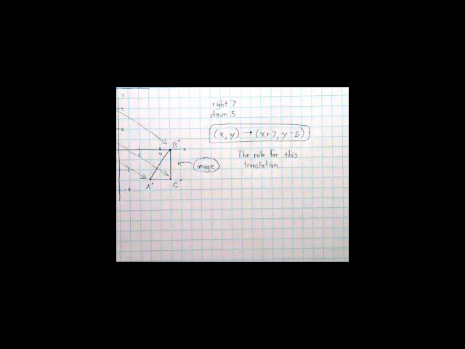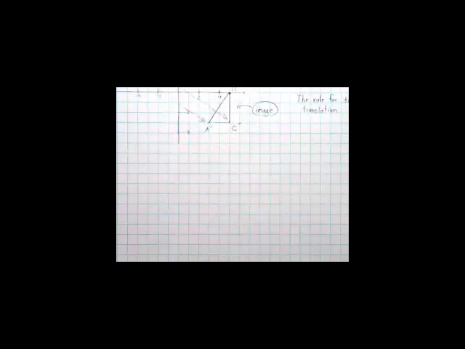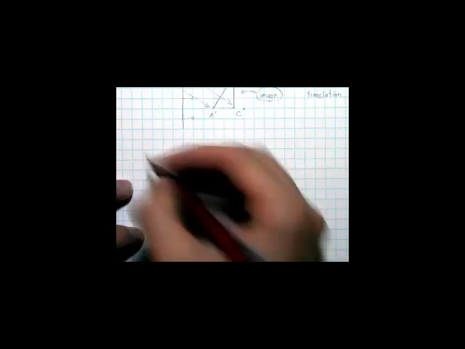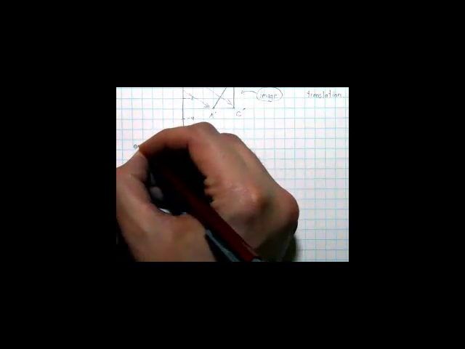Okay, and sometimes you'll be given what the rule is, and you have to figure out, okay, if this is the rule, and here are a bunch of points that are the pre-image, tell me what the images are of all of them. Okay, so we're going to try that next. I'm going to do a completely different problem here, but I'm going to give you a different rule. We don't even need to graph it to do this.